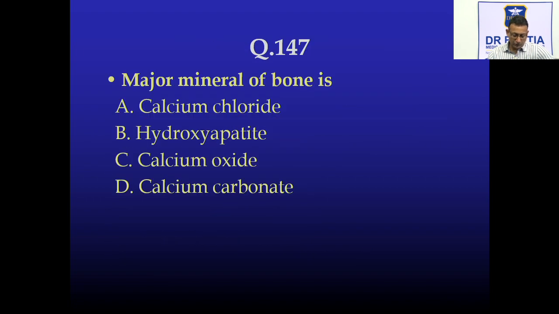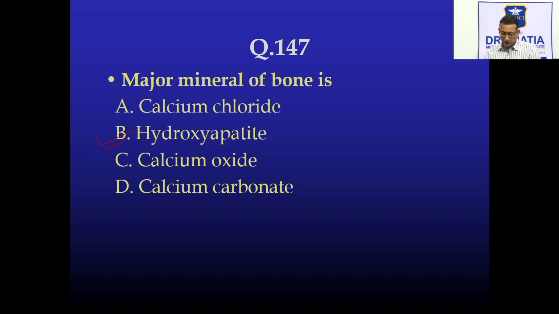So question number 147, major mineral of bone is. We all know the bone has got calcium and phosphate, but it usually occurs in the form of hydroxyapatite. So the answer to the question number 147 is going to be B, hydroxyapatite.